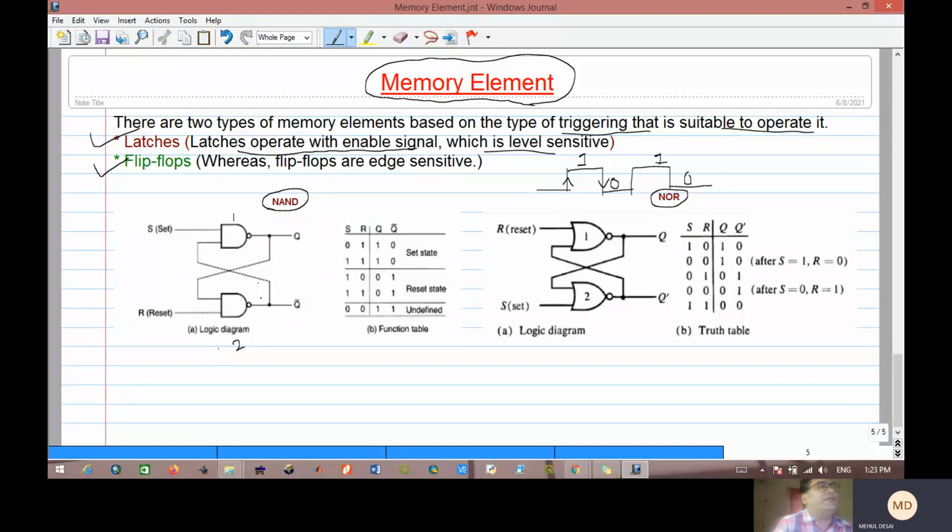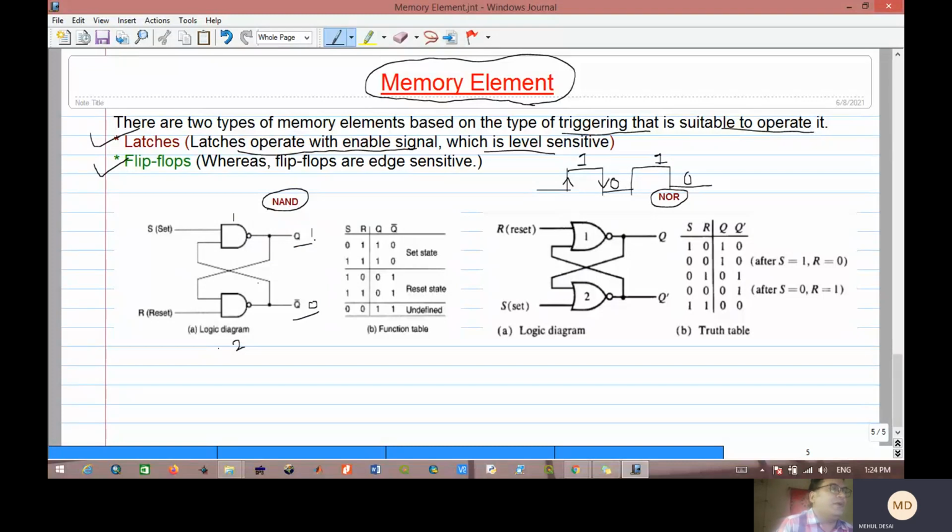So the condition for latches and flip-flops is that they store 1 bit at a time. It has two outputs, Q and Q dash. If Q is 1, then Q dash is 0, which means the outputs must be complements of each other. If both outputs are the same, that state is not considered in a flip-flop or latch.